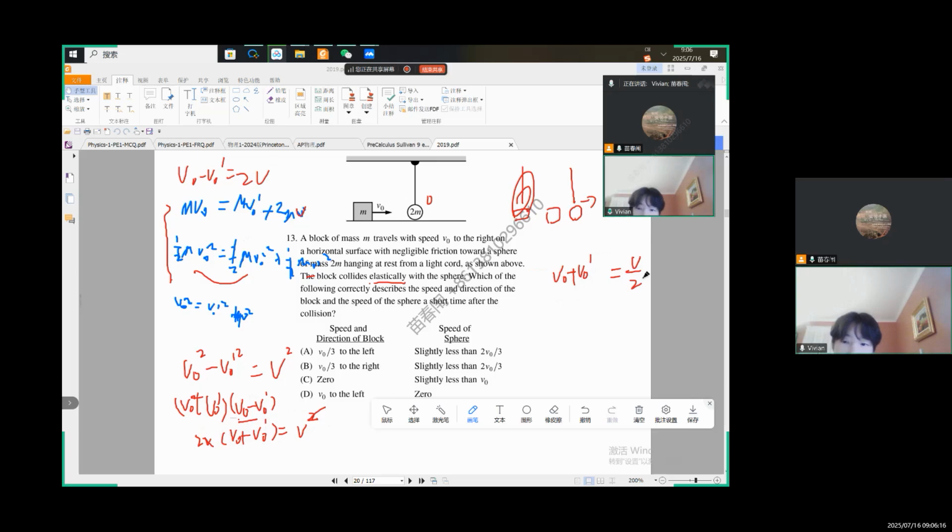Wait, how did you get the 2V over here? Oh, 2V is here because I moved this V0 over here. Okay, I see. So I'm using the 2V in there, right?